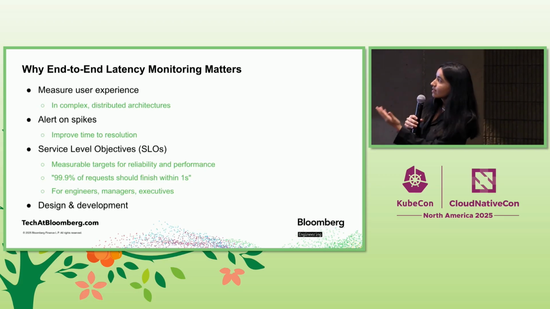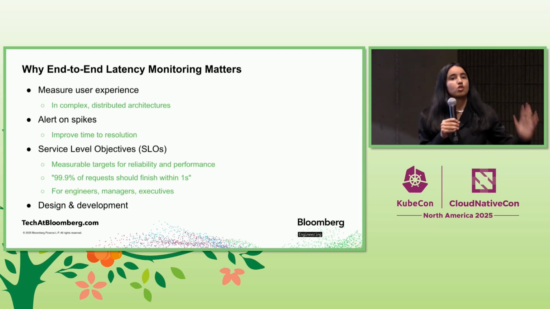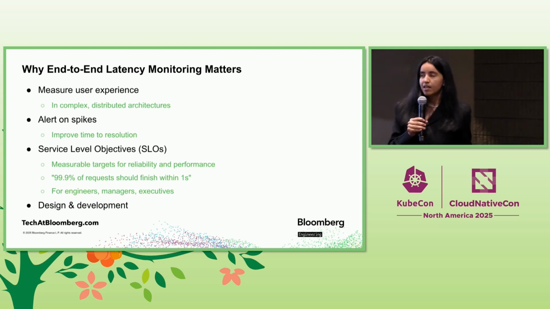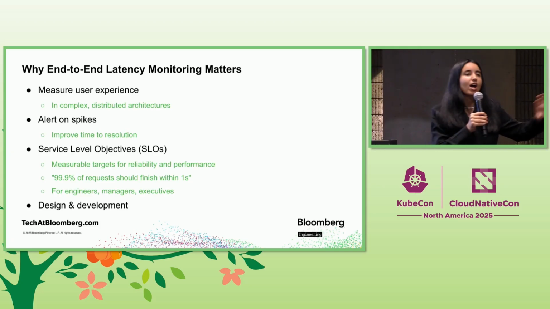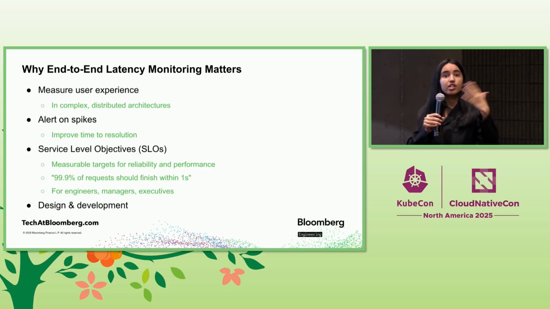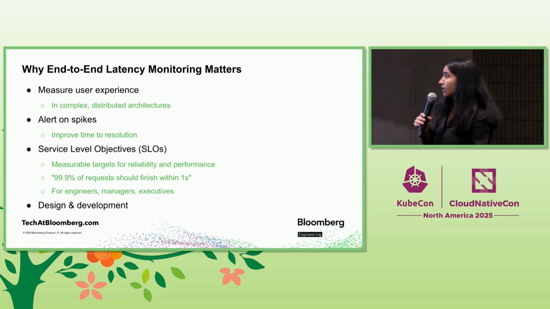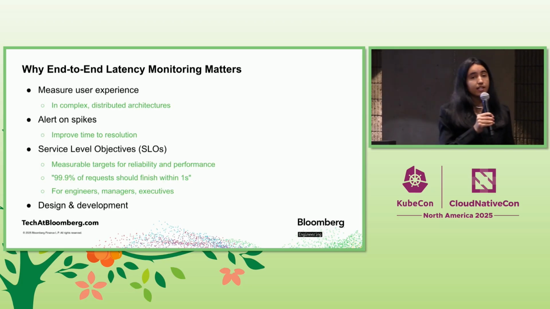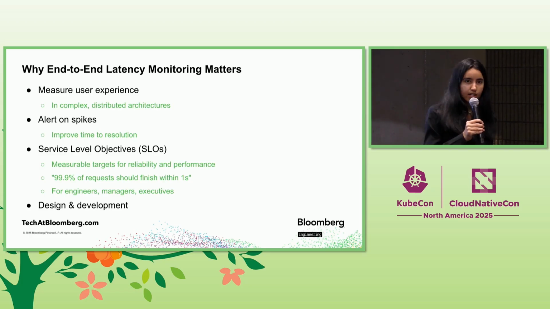So we can say things like, hey, 99.9% of the requests should finish within 1 second. And such a target can be tracked by engineers, managers, and executives alike to understand how your system is doing. Is your system healthy? And then finally, these end-to-end latency metrics also help in the design and development phase for things like A/B testing.